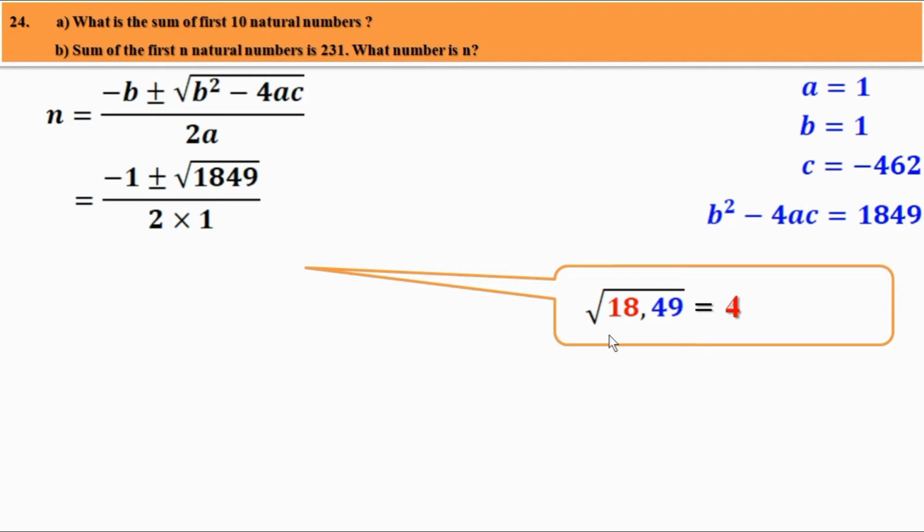Now to find the unit digit, look at the group 49 and the last digit, that is 9. 3 square can be 9, again 7 square can also be 9. So the unit digit can be 3 or 7. That is, the square root can be either 43 or 47.